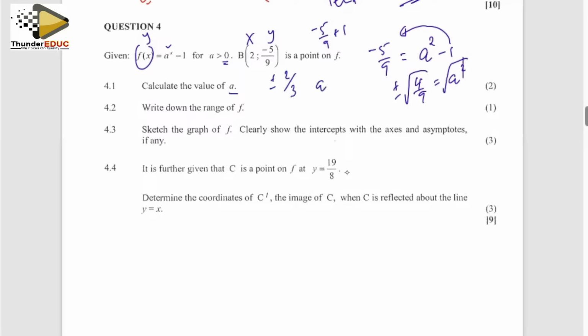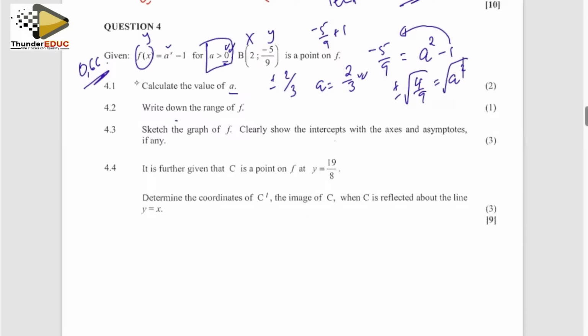But they told us that a is greater than 0, which means a is 2 over 3. The answer is 0.66 something, but we prefer it in this fraction format. That 0.66 is greater than 0, in other words, it's a positive answer. That's the meaning of this part.